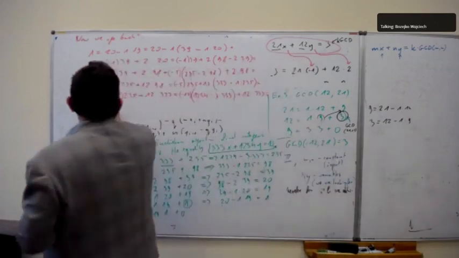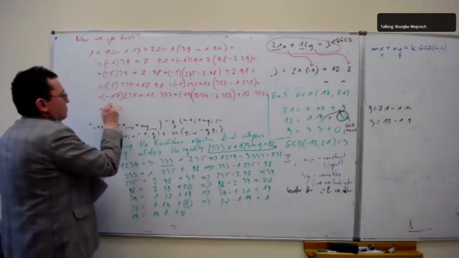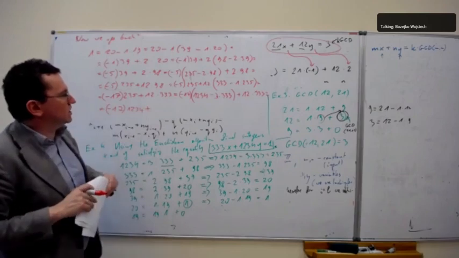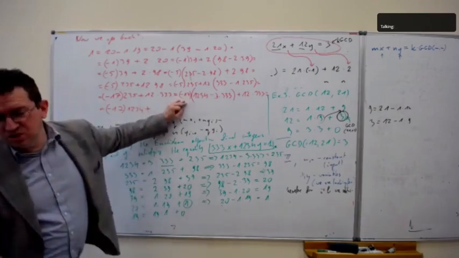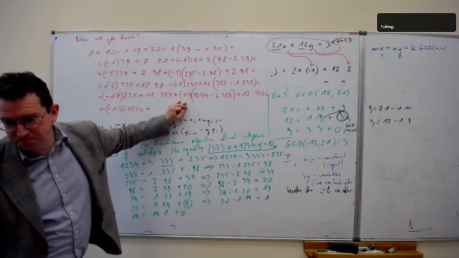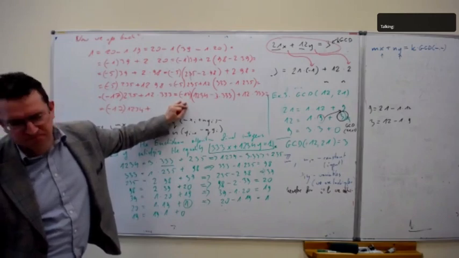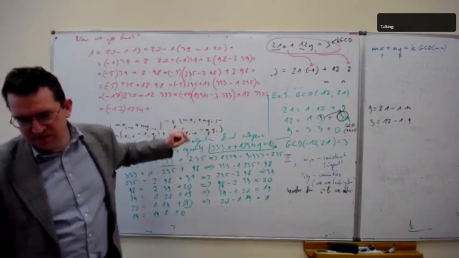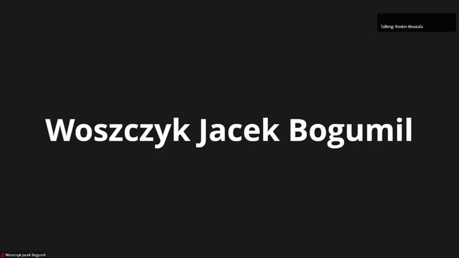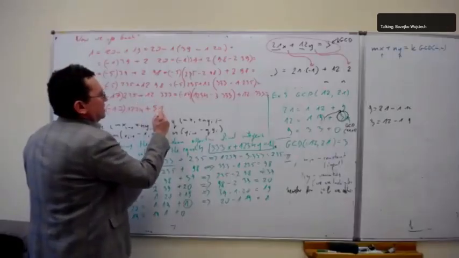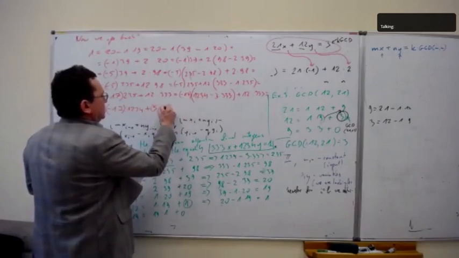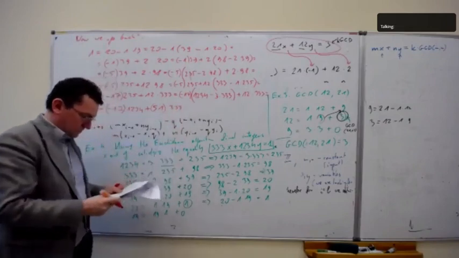So finally, we have something like this: minus 17 times 1234 plus, and here we'll have 3 times 17. What is 3 times 17? This is the question. 3 times 17 without calculator. 51. 51, sir. Yes, exactly. 51. Thank you for your attention. 51 times 333.